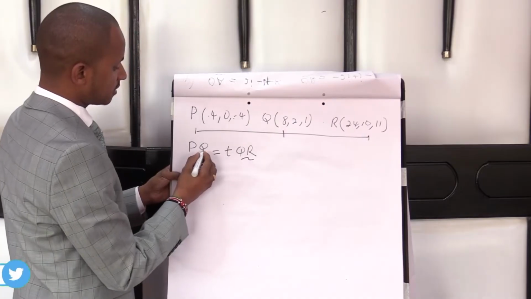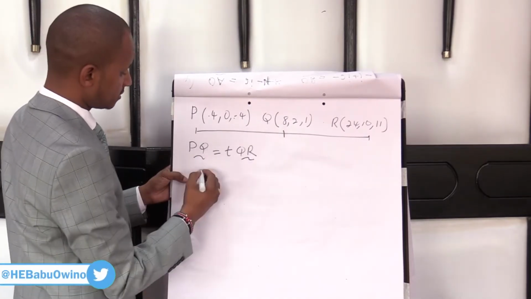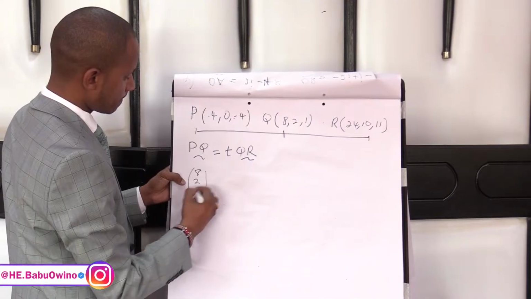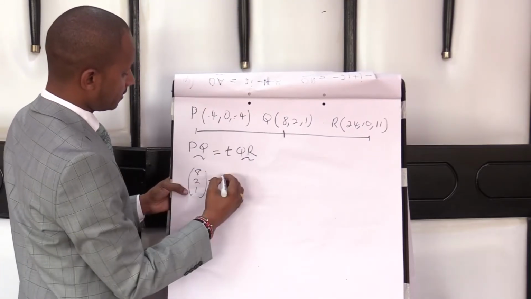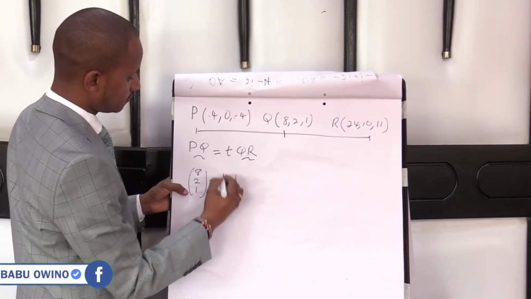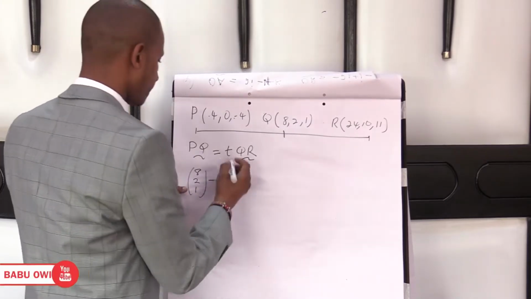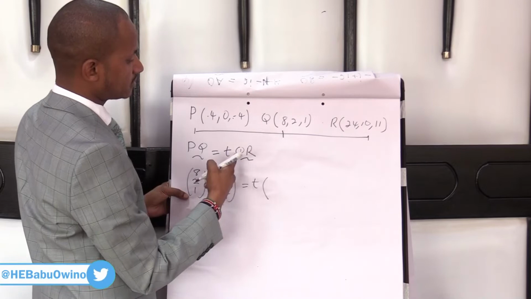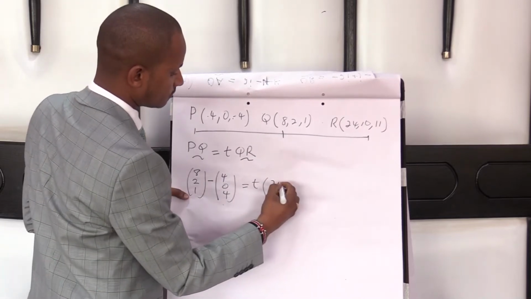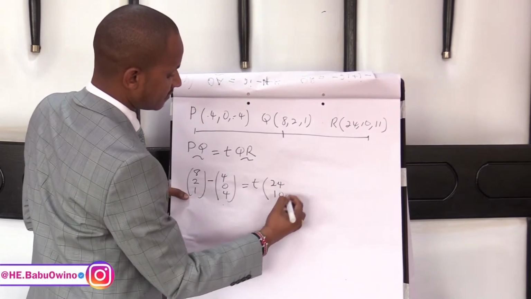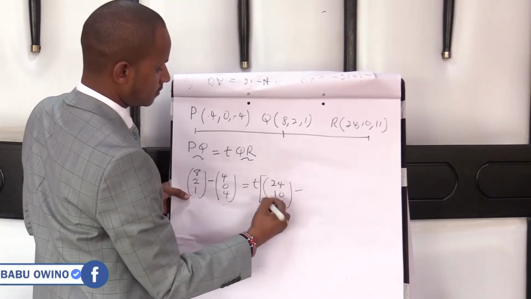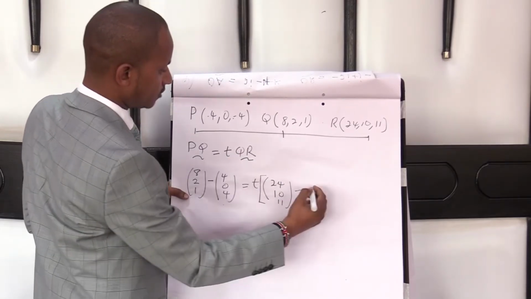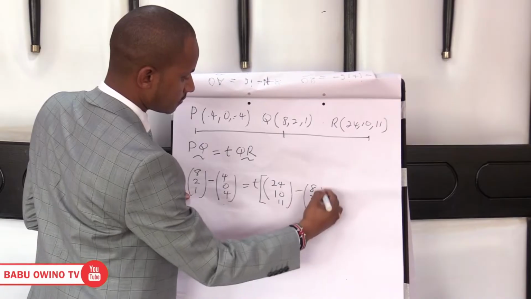So PQ is Q minus P. Q is (8, 2, 1) minus P, which is (4, 0, 4), equals t times QR, meaning R minus Q. R is (24, 10, 11) minus Q, which is (8, 2, 1).